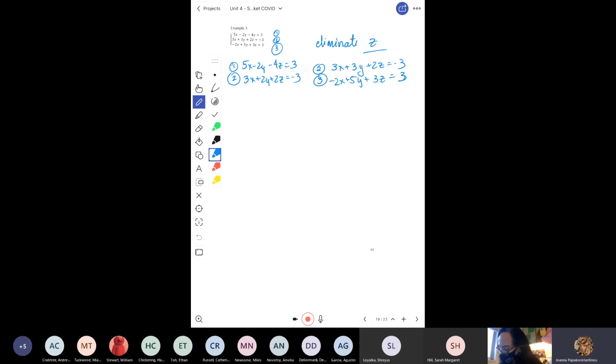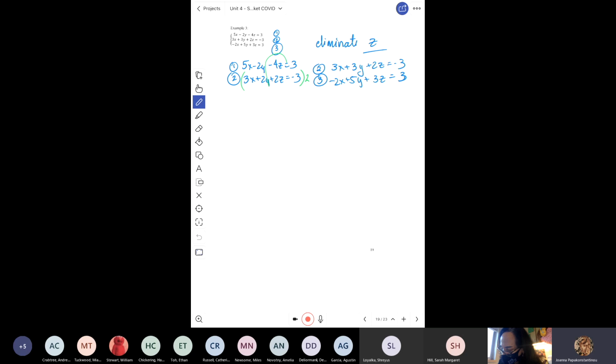Okay, so here we go. Looking at equation 1 and 2. What's happening? We're eliminating Z. What am I going to have to do? Multiply the second equation by 2, right?